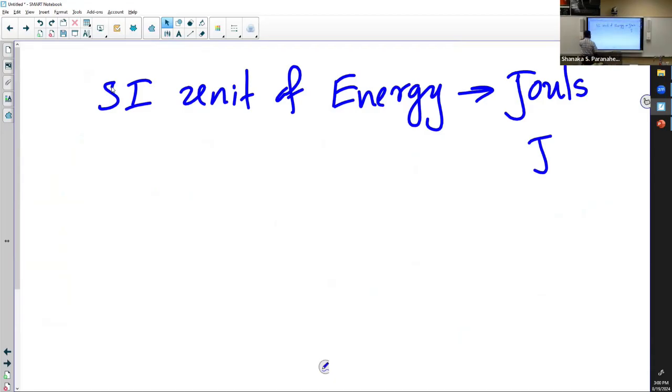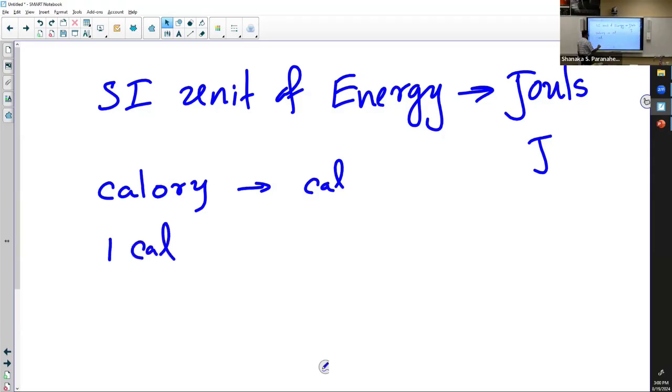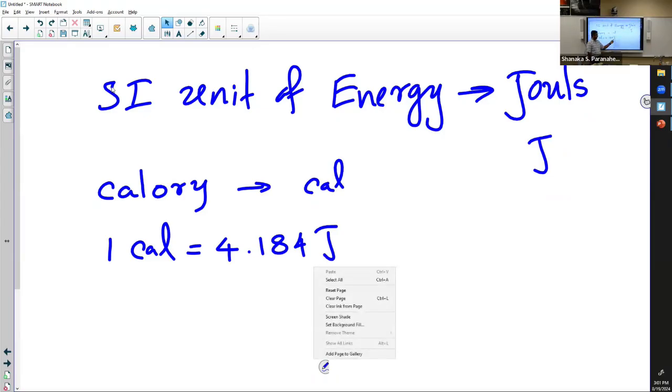So this is the SI unit. And we also have another unit, called the calorie. The abbreviation of calorie is cal. That's the relationship between calories and joules: 1 calorie is equal to 4.184 joules. Joule is a combination of several other SI units.